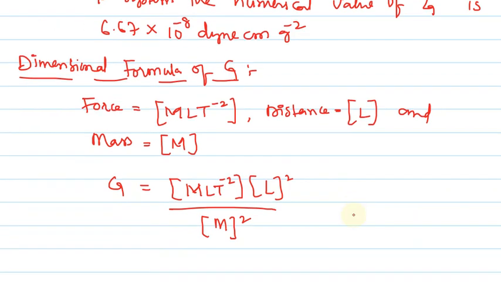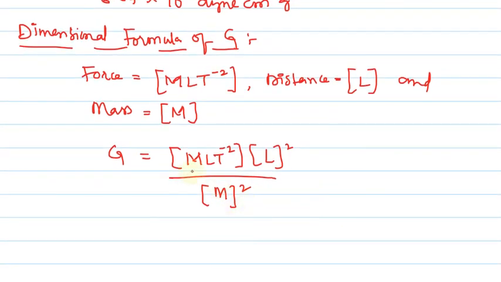Here M and M get cancelled, and L into L square will get L cube, and T to the power minus 2 remains the same. So the dimensional formula for universal gravitational constant is M to the power minus 1, L to the power 3, T to the power minus 2. So this is the dimensional formula for universal gravitational constant.